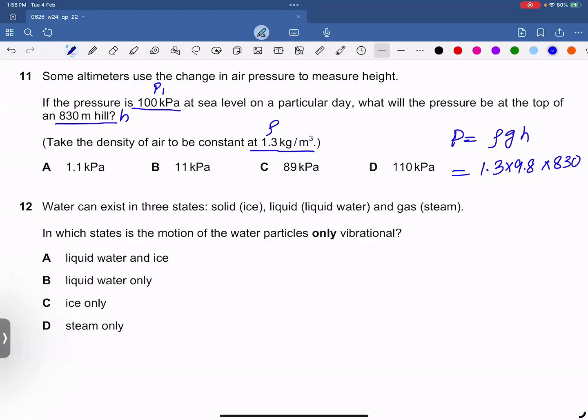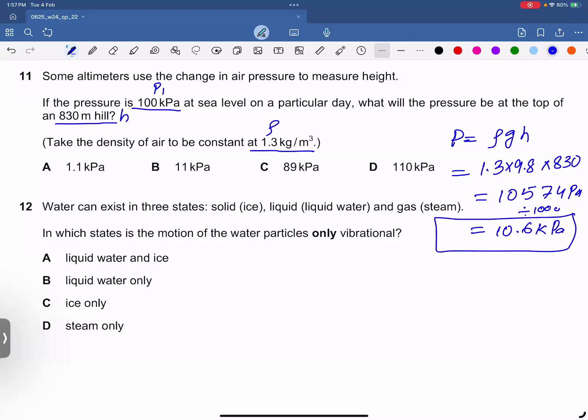This one is 10574 pascals, which divided by 1000 is approximately 10.6 kilopascals. Now this is the additional pressure due to this height. The initial pressure was how much? 100 kilo.